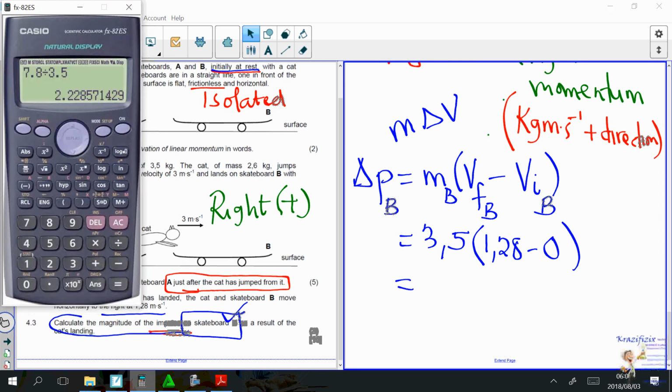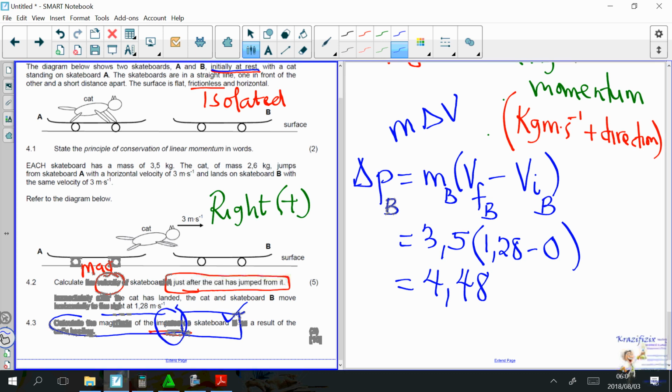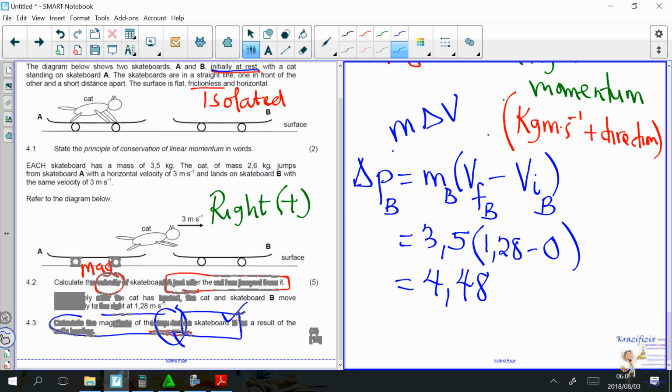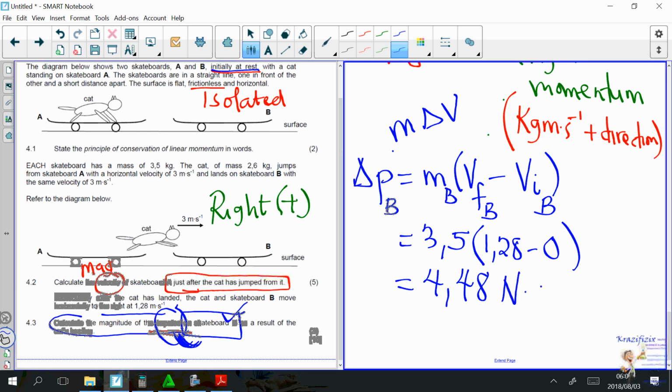Please also get your calculator and multiply with us. 3,5 times 1,28. The answer is 4,48. But remember, in this question we were told to calculate impulse. Although we use change in momentum, my unit should remain the unit of impulse, which is force times time, that's newton second.